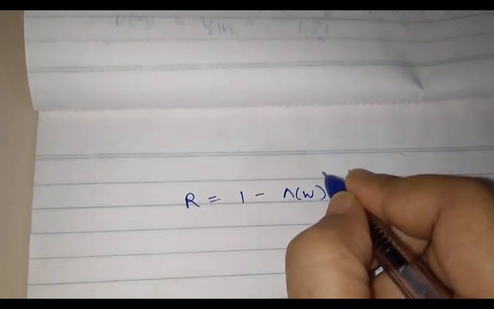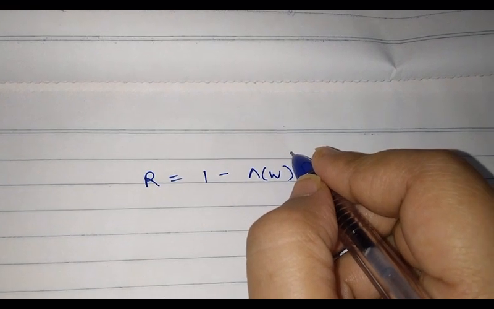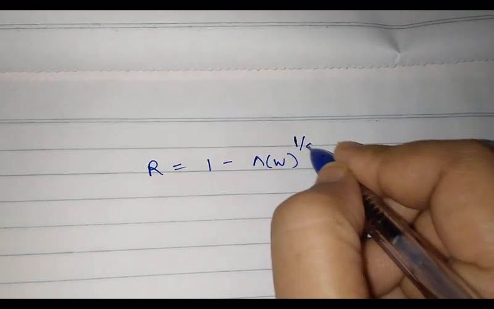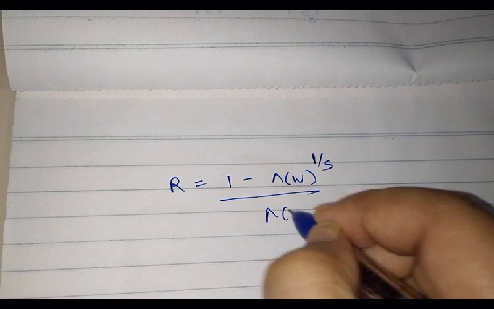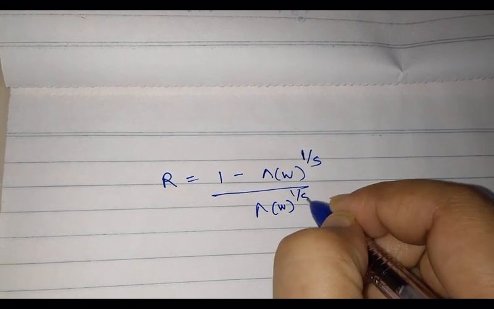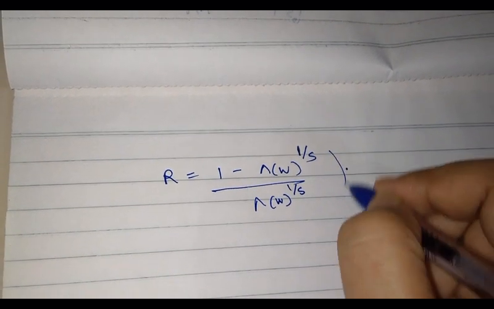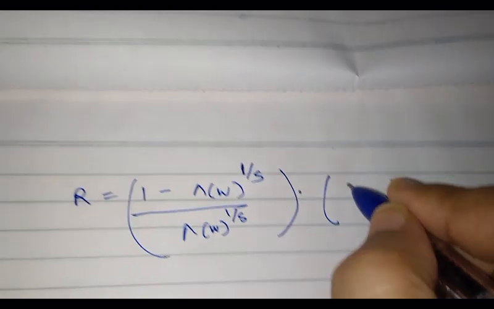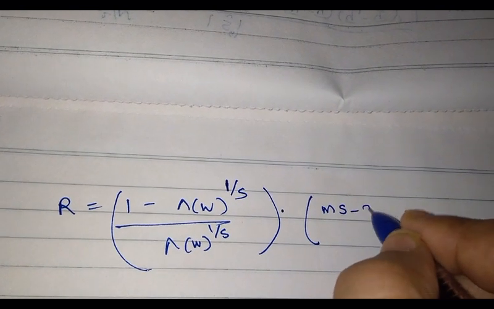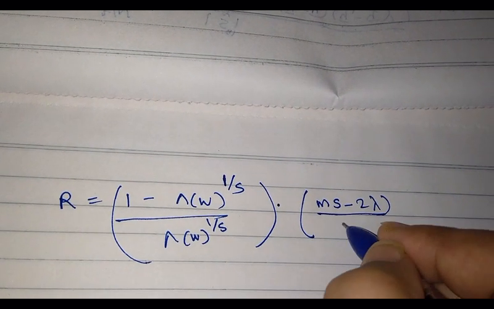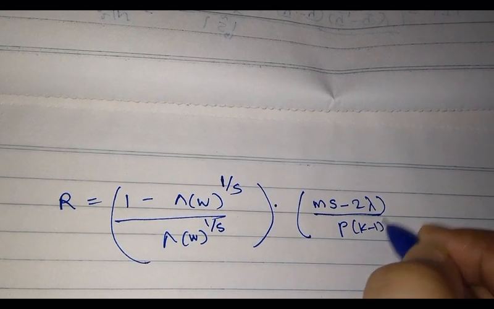So another approximation is given by Rao. So you define R as 1 minus lambda w raised to 1 by s upon lambda w raised to 1 by s, into ms minus 2 small lambda upon p into k minus 1.